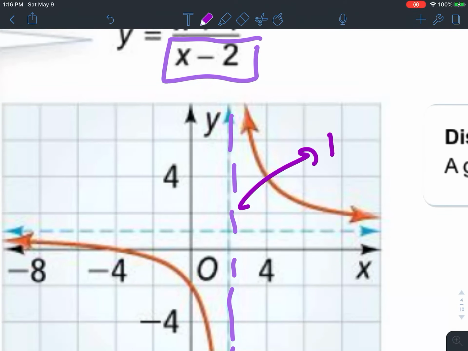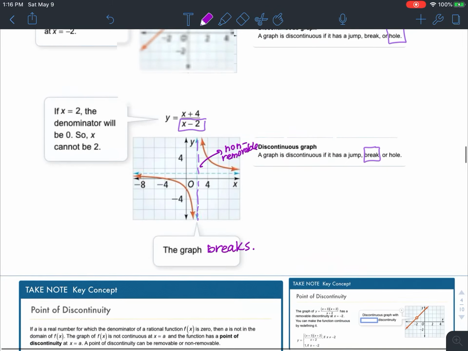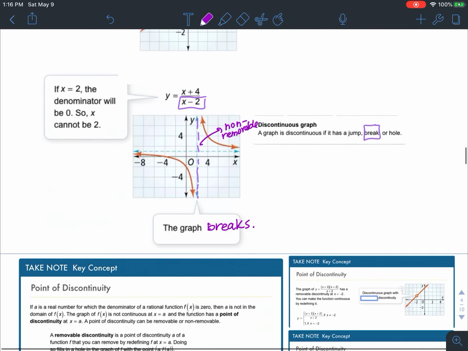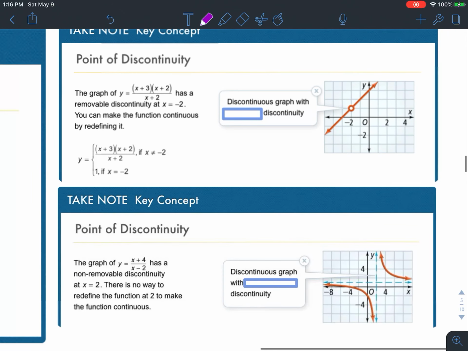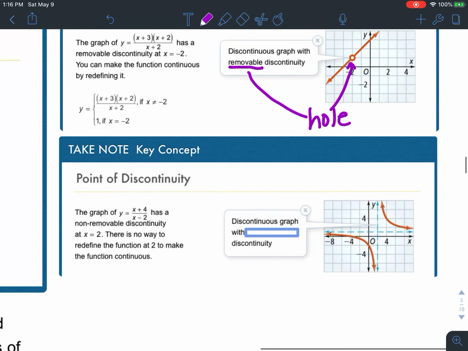So an asymptote is non-removable. You can't take it away. I don't know why they call them removable. It's kind of stupid, but whatever. I can't help that. So right here, this is a discontinuous graph with a removable discontinuity because this is a hole. So removable means a hole. It doesn't mean anything else. It only means a hole.